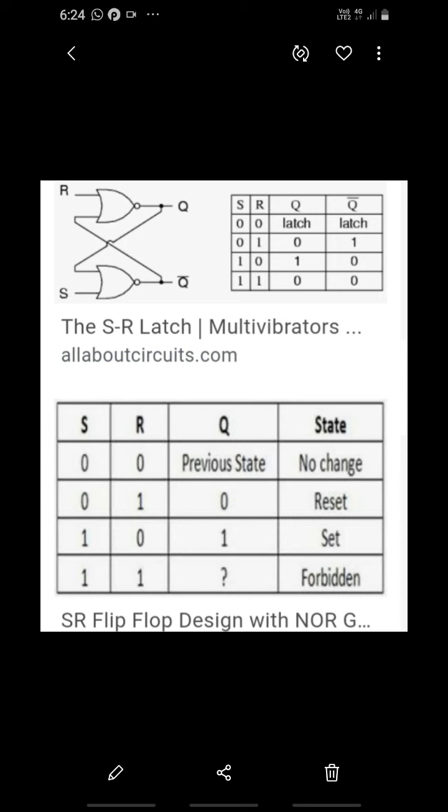Here is the truth table: R, S, Q, Q bar and states. R and S are the inputs, Q and Q bar are the outputs, and their state.